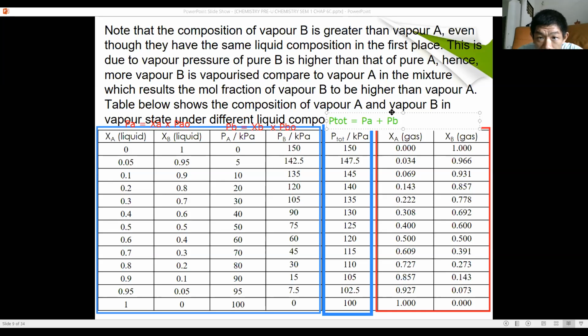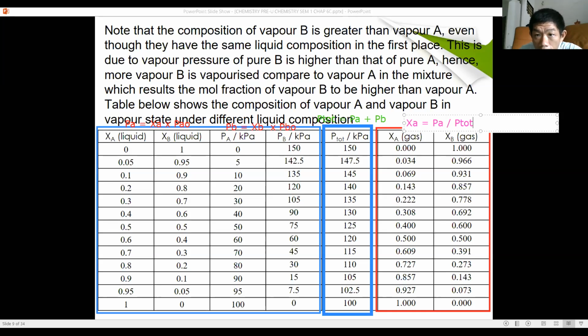And last but not least is the final step. The final step is to calculate the mole fraction of A and mole fraction of B. So XA equals PA over P total. XA here is in terms of gas, equals PA over P total.